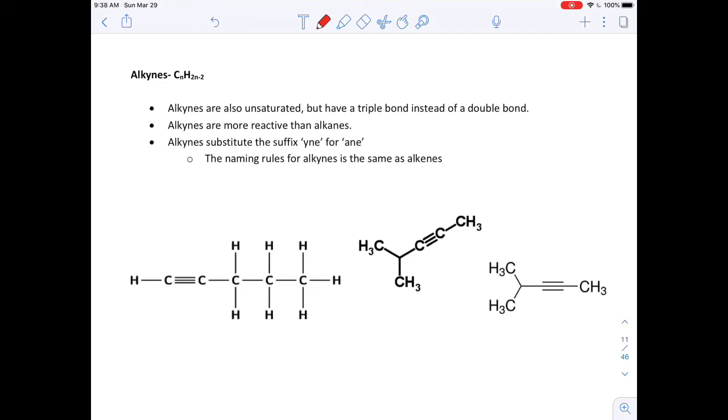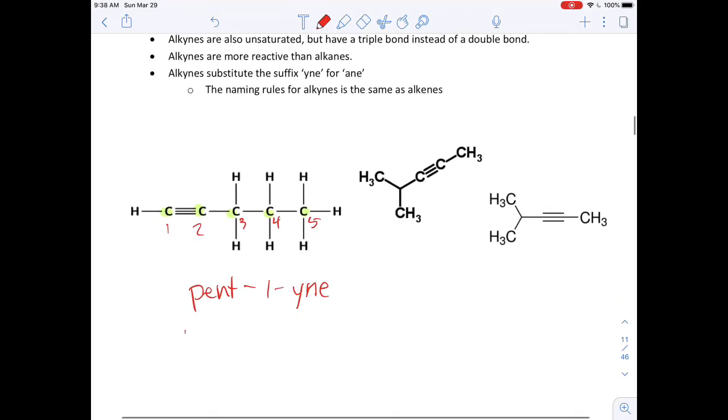So in this molecule, I've got 1, 2, 3, 4, 5. So this has got pent, and I'm going to count to give me the triple bond here on the lower numbers. So it's going to be a pent-1-yne, and the -yne means that it's a triple bond. It's going to be C5.